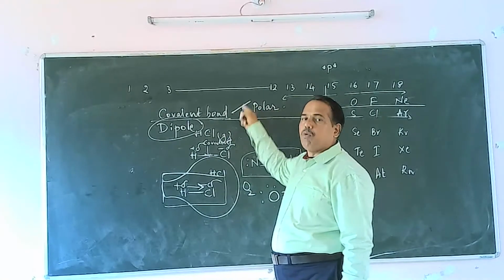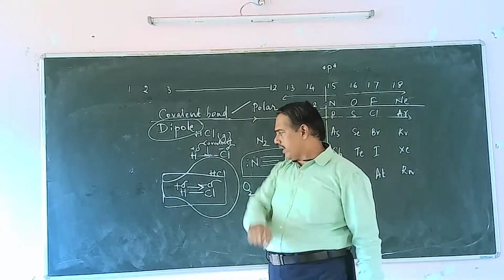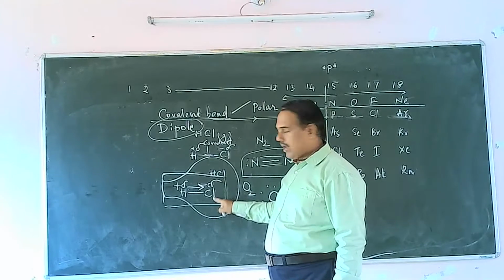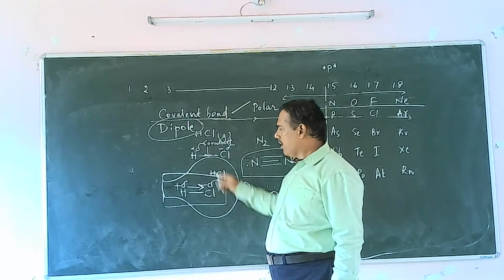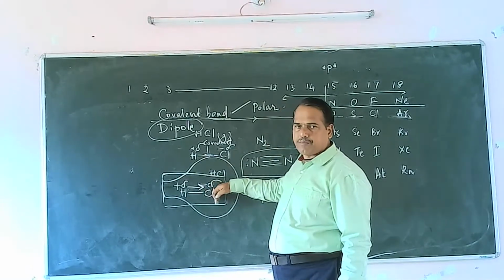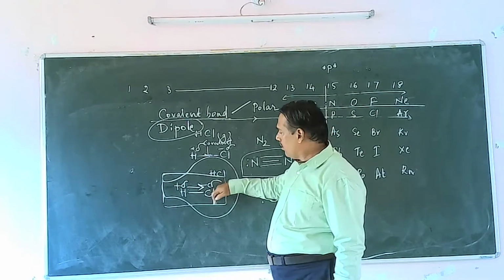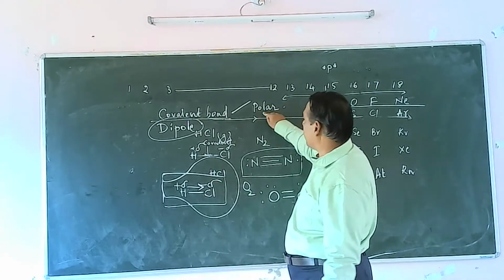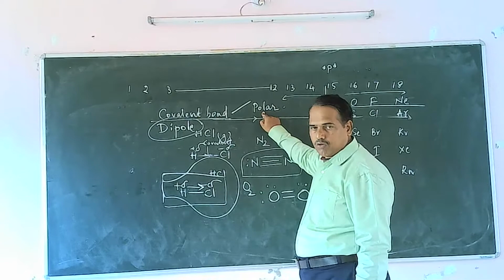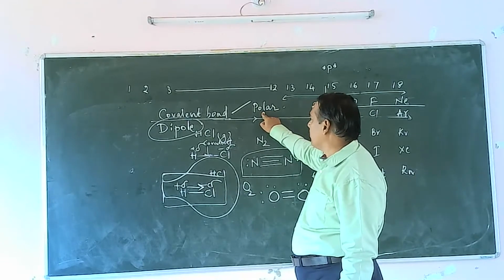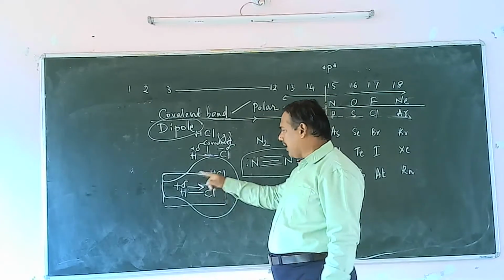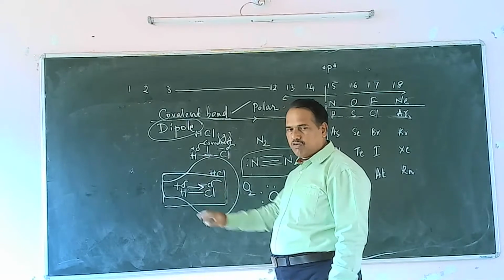See, why are these polar? Polarity arises due to the electronegativity difference. As chlorine is more electronegative, the electron tends towards it. So it exists as a polar molecule. Polar molecules can ionize in aqueous solution.